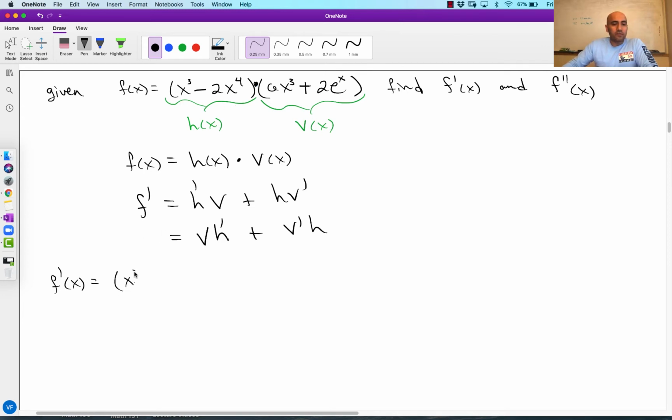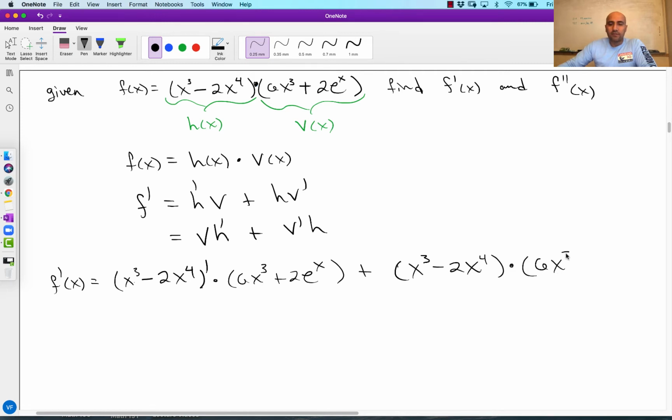So I'll do x cubed minus 2x to the fourth, take the derivative of that, times 6x cubed plus 2e to the x, plus, and now I'll copy it again, x cubed minus 2x to the fourth, times 6x to the third plus 2e to the x, and then the derivative of that, right?